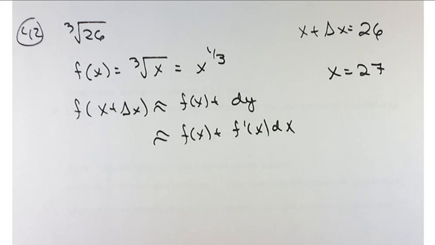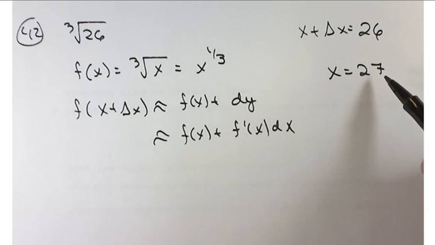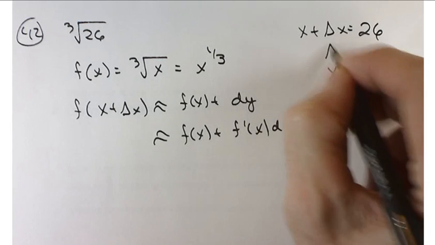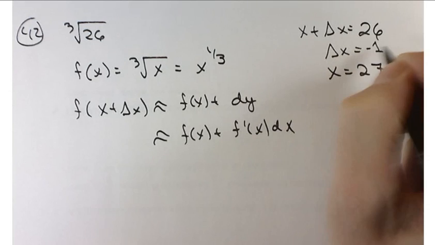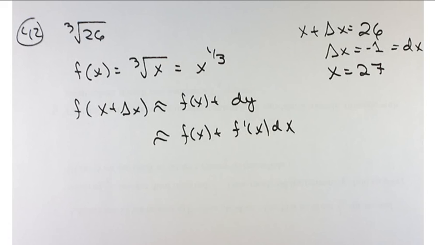Be very precise though. 27 plus 1 would be 28. Negative 1. So that means that delta x is negative 1. It also means that dx is negative 1, because dx and delta x are the same thing.